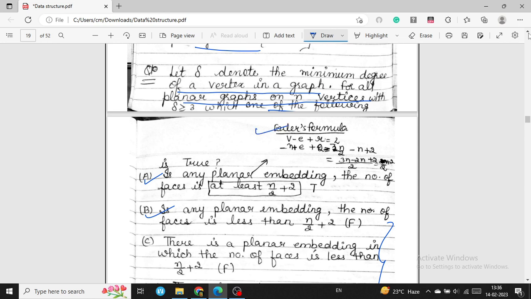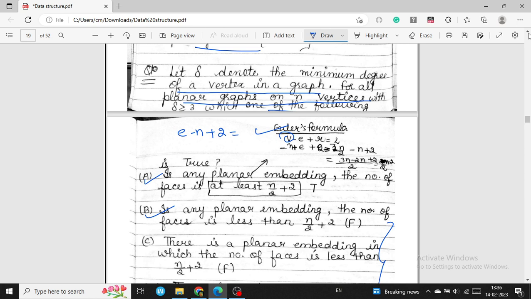We take Euler's formula, v minus e plus r equals 2, and instead of v we write n nodes. With e equal to 3n over 2, we get 3n over 2 minus n plus 2.